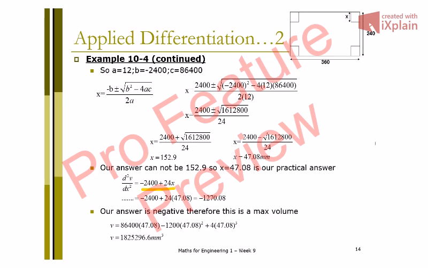Now, if we plug our value of x in here, 47.08, and we work out our answer, we get a minus value. A negative value means that we're at a maximum turning point.